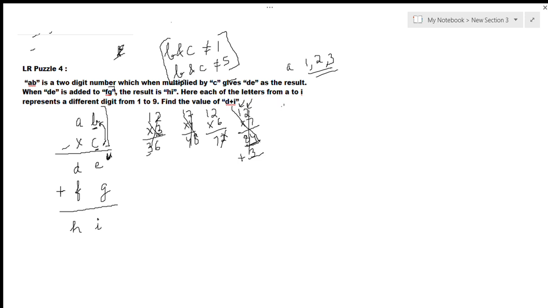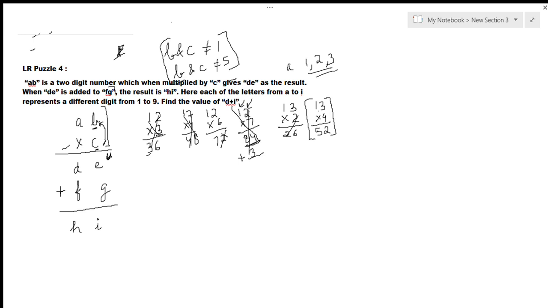What about 13? If I write 13 over there, the smallest possible number that I can think of here is 26. Eliminated. 13 into 3, I cannot write 3 at the place of C. 13 into 4 is 52. So you can see that till now I have got 5 different digits for 5 different places.